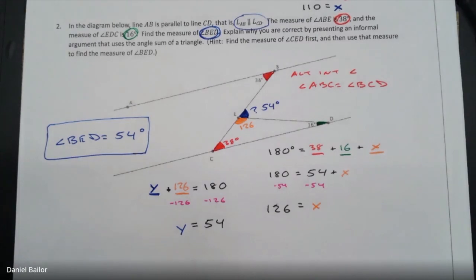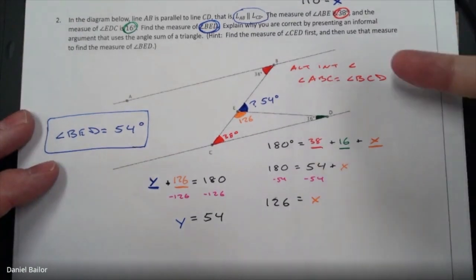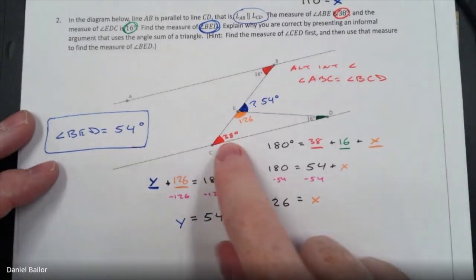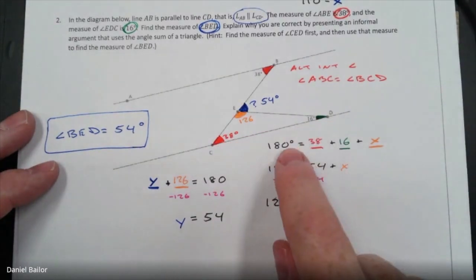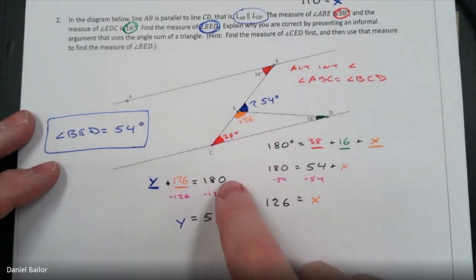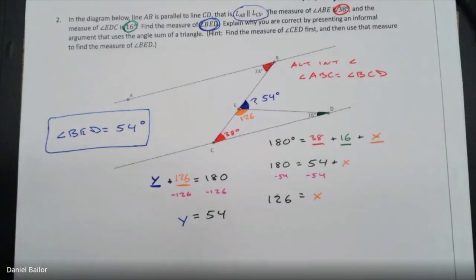It's kind of a little puzzle, kind of a little mystery, kind of a little logic treasure hunt. But you should see how I started with alternate interior angles to find the red on here. Then I used the red and the green and the 180 to find the orange. Then I used the orange and 180 to find the blue. It's multiple step problems, but you can do it.